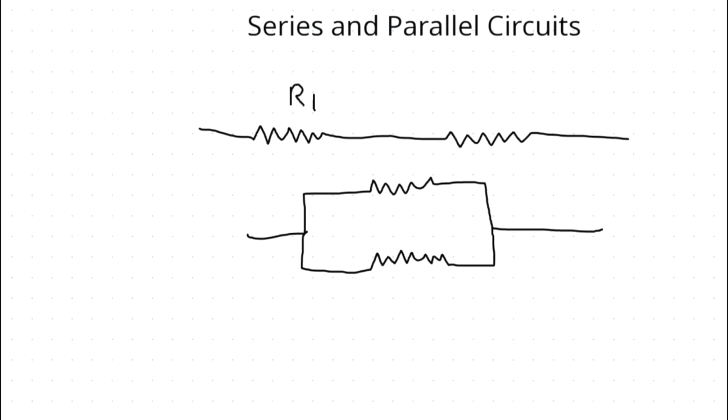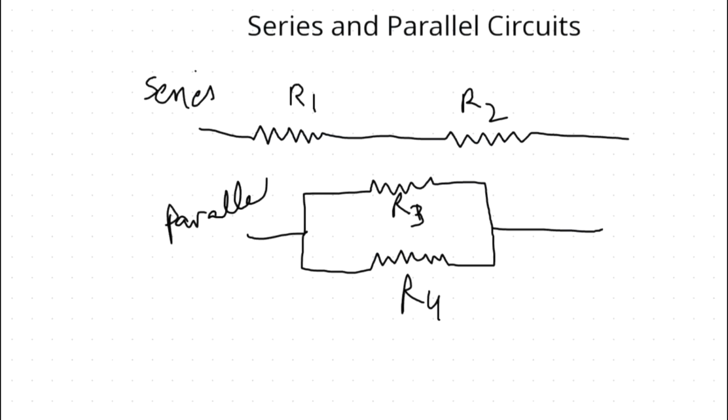R1, R2, R3, R4. So let's say we have two circuits. So this is basically a series type of circuit, and this is a parallel, right?